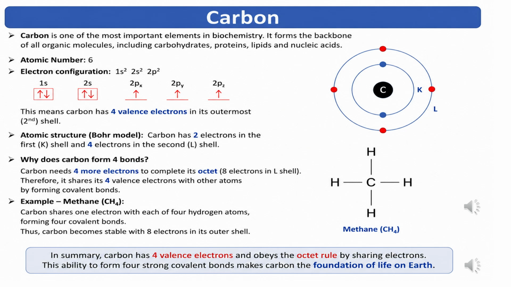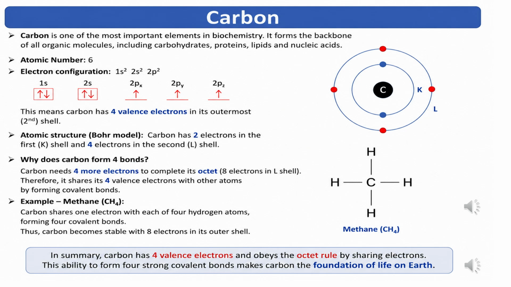Since the L shell can hold a maximum of 8 electrons, carbon requires 4 more electrons to complete its octet and become stable. Instead of gaining or losing 4 electrons, carbon shares its 4 valence electrons with other atoms, forming 4 covalent bonds. This unique property is called tetravalency, and it enables carbon to form long chains, rings, and complex molecules.